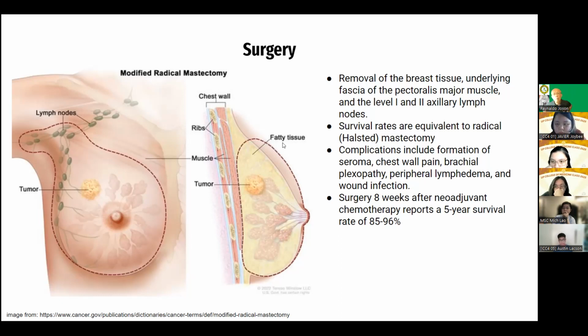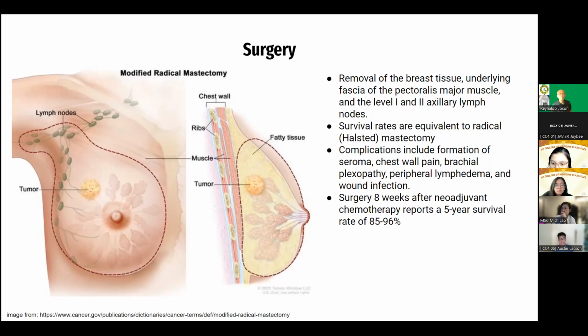So the modified radical mastectomy po implies removal of the breast tissue, underlying fascia of the pectoralis major muscle, and the level 1 and 2 axillary lymph nodes. So as mentioned earlier, when she was planning her treatment, her stage 3B considered axillary lymph node metastasis, so N1.